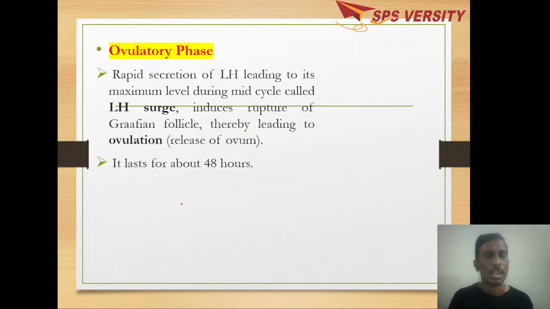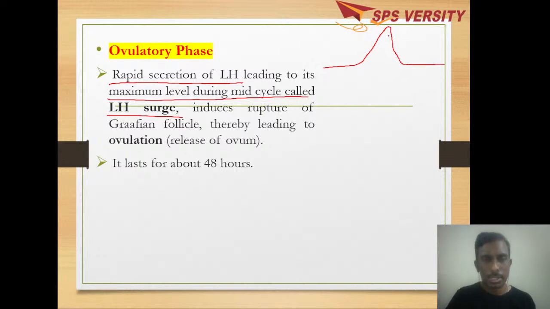The next is the ovulatory phase. During this phase, we can see an increase in the secretion of luteinizing hormone. It reaches its maximum level, which is called the LH surge. If you see the levels of LH, the LH will reach its peak. Due to this, it leads to ovulation. Ovulation means the release of the ovum from the Graafian follicle.